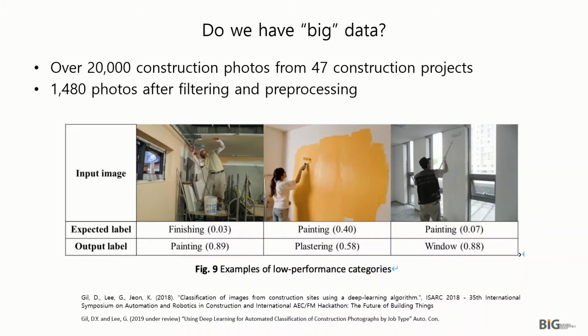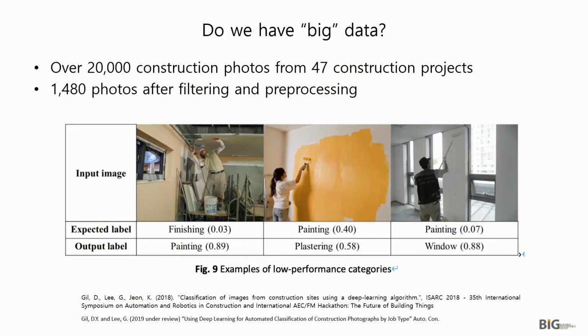It wasn't, first of all. I collected over 20,000 construction photos from 47 construction projects. After filtering out all the photos that are not directly relevant to job type, I ended up with around 1,500 pictures. Think about panoramic view pictures. Can you tell job type? No. Think about a picture of a hammer or special equipment.